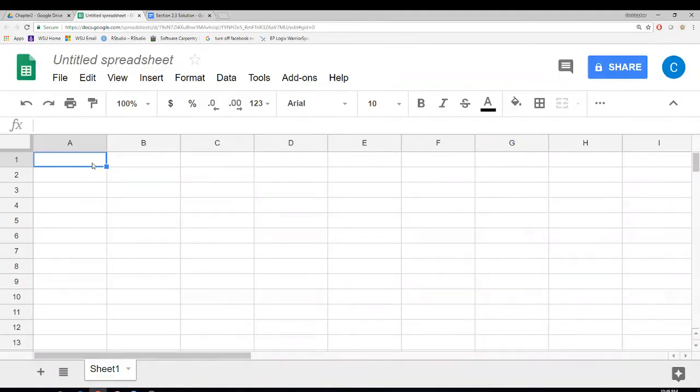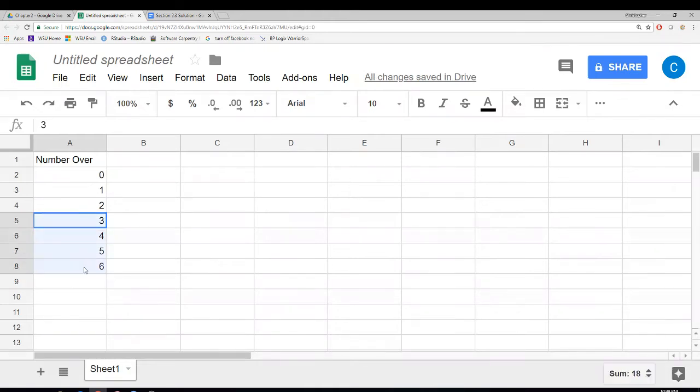So as I've said, I have an empty sheet here, and I'm going to identify column A as the number that we're over. That list has to go from 0, 1, 2, 3, all the way down to 14. Instead of typing all of those in, I want to show you how to obtain a list more quickly inside of Google Sheets.